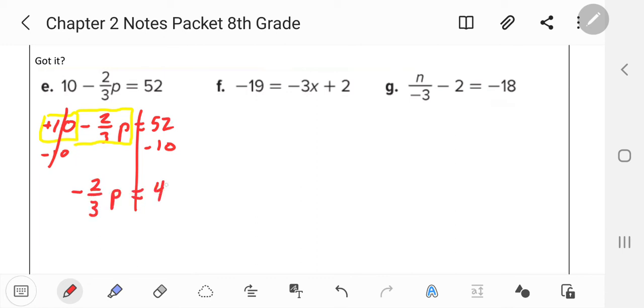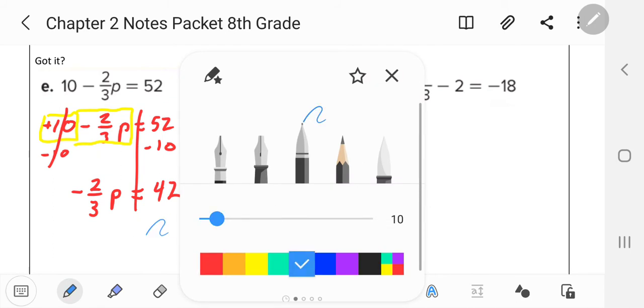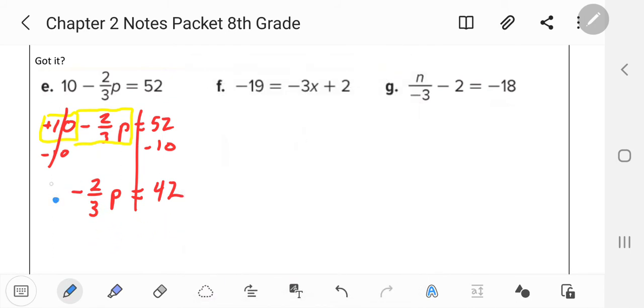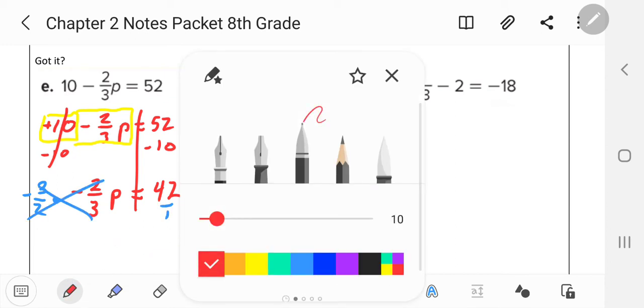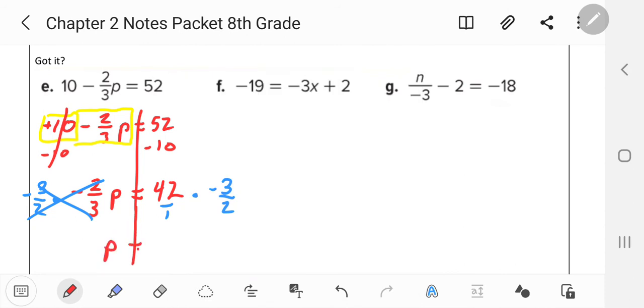And we get 42 on this side. Now we have a fractional coefficient. So to get rid of that, we're going to multiply by the reciprocal. Our number times reciprocal is 1. So we get p equals, cross simplify, 2 goes into that once, 2 goes into that 21 times. I see a positive times a negative, so I get a negative.